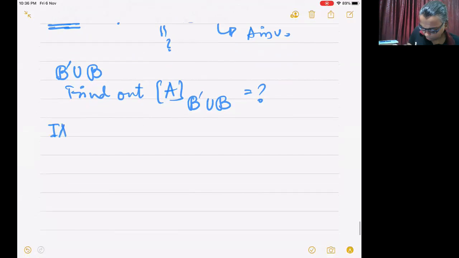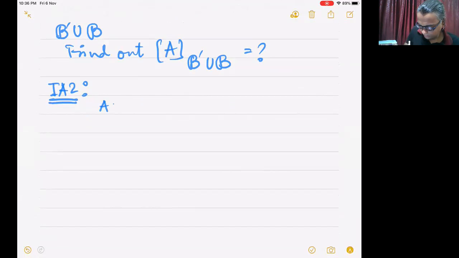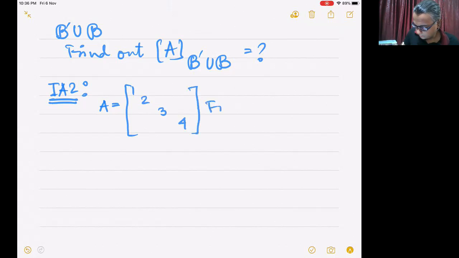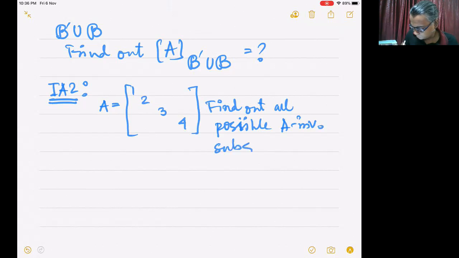Immediate attention problem 2 would be to find out all possible invariant subspaces for these matrices. So suppose I have a matrix A, which is, say, the diagonal matrix 1, 2, 3, 4. For this, find out all possible A invariant subspaces.